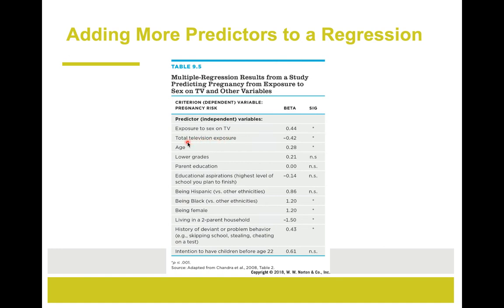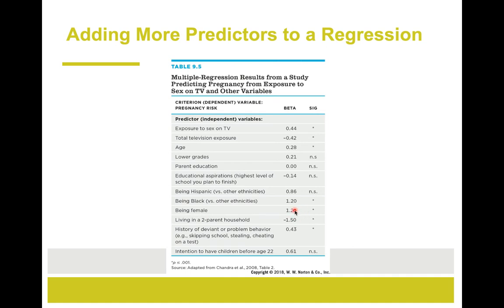The greater your exposure to television in total, the lower your risk of pregnancy, interestingly, right? That's a negative relationship. So the more TV you watch, the lower your risk of pregnancy. Age is a positive predictor. The older you get, the higher your risk of pregnancy. That makes sense. Being Black is a predictor of pregnancy, as is being female.